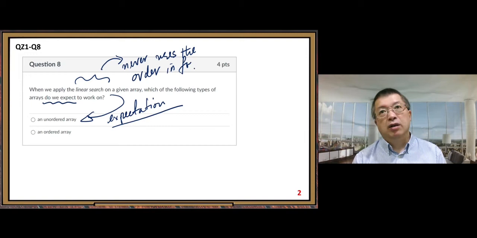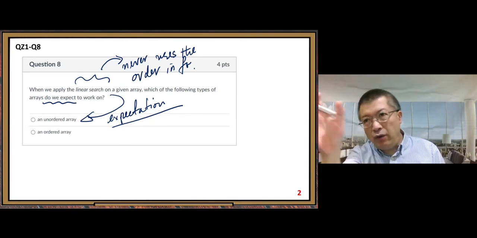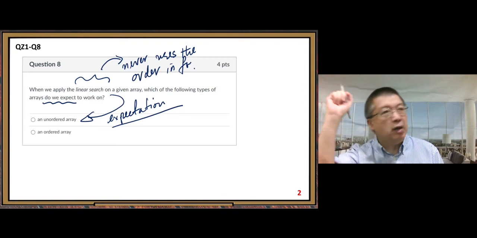So that's the reason our expectation is the unordered array, that kind of data type.